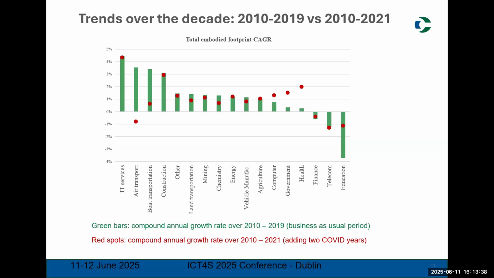IT services growth rate is high, roughly 4% a year, and is top ranking in this histogram. The second sector, hardware, has footprints that evolved in the same trend as the entire economy, 1.3% a year. And finally, telecom services footprint is declining by 1% a year.